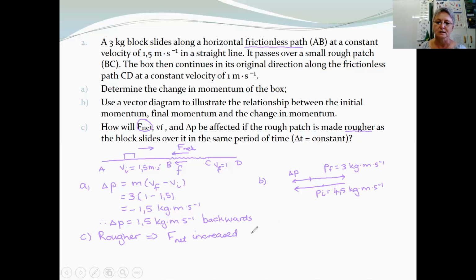If the net force is increased in the opposite direction to motion, we can say it's the negative direction. Then, because the delta P is directly proportional to net force, the delta P will increase in the negative direction.